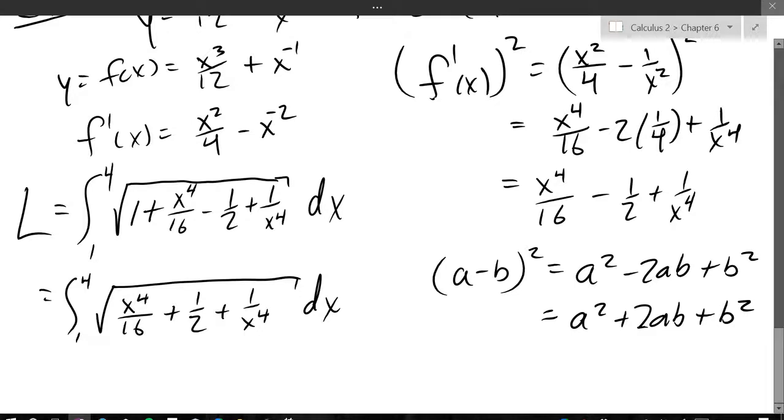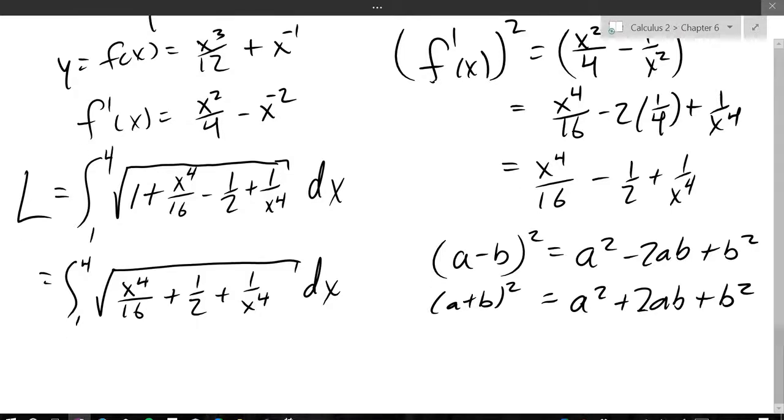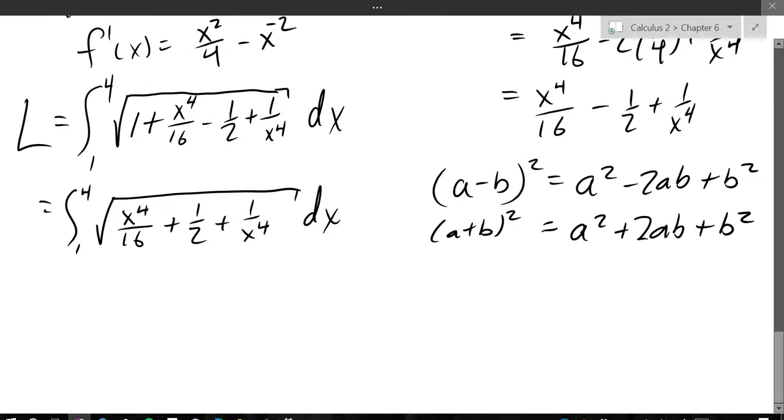Not necessarily easy to see, but I think once you see what it is, it should be pretty obvious why that works out. So it's a plus b squared. All right, so now that you know that, go ahead and factor this right here. So use that knowledge to factor this. You only need about 3% of your brain. Don't need the full 10%.